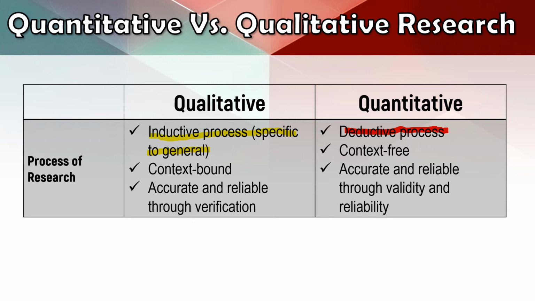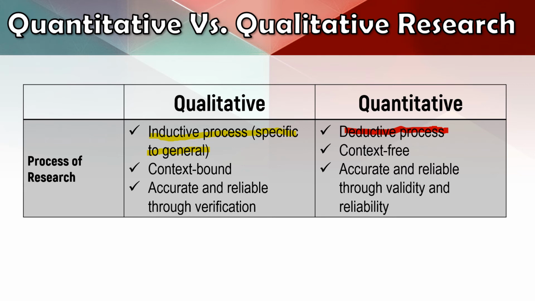So let's start with inductive process for qualitative. When we say inductive, you are using specific ideas in order to come up with general ideas. Remember that qualitative research relies on the opinions of your respondents. Therefore, if I have 10 respondents and these 10 respondents have different specific opinions from themselves, what do I do with those specific opinions?